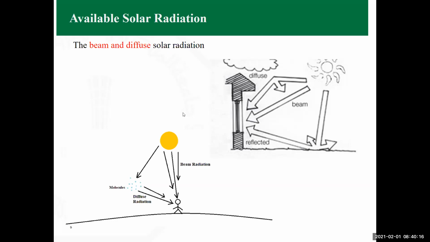Doctor? Yes. So if there is a cloud, will we get electricity from the solar? Will we get what? If there is a cloud that prevents the sunlight, will we get electricity from solar cells? Yeah, we are going to get it, but a reduced value.